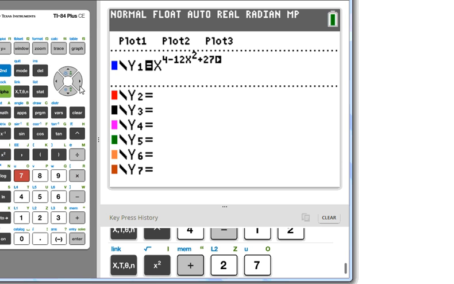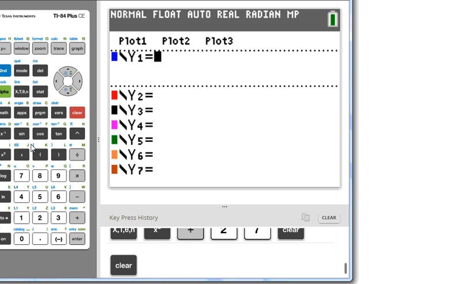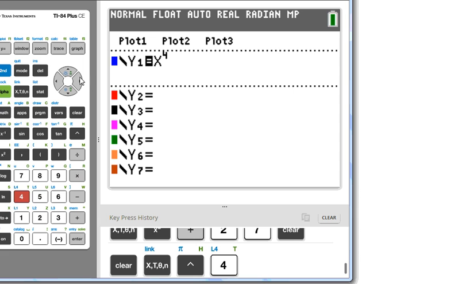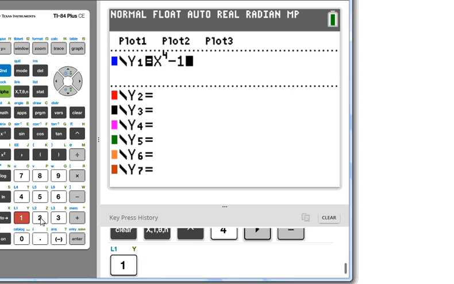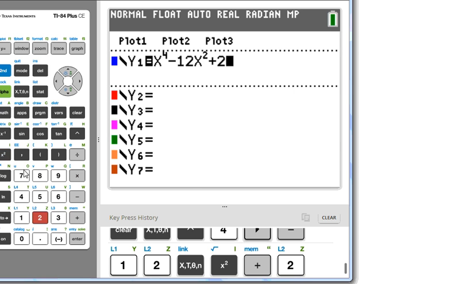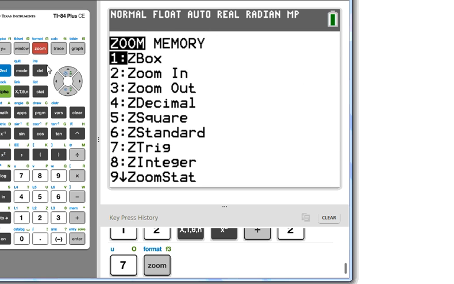Oops, we messed that up, didn't I? x to the fourth power plus 12x squared plus 27. Now we should be all right. Zoom 6.